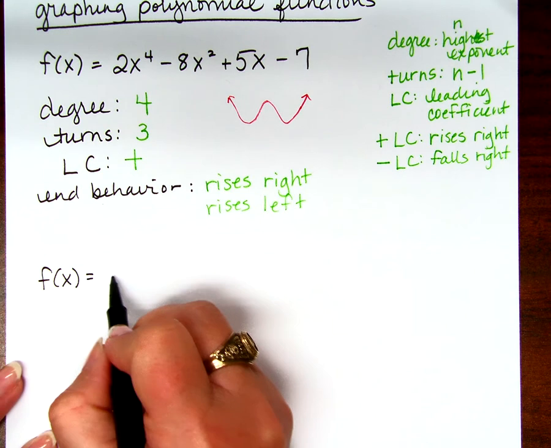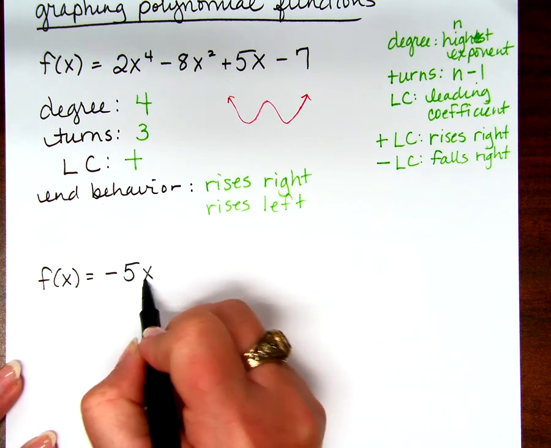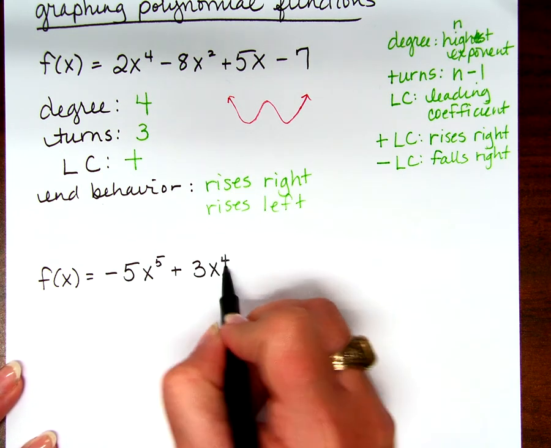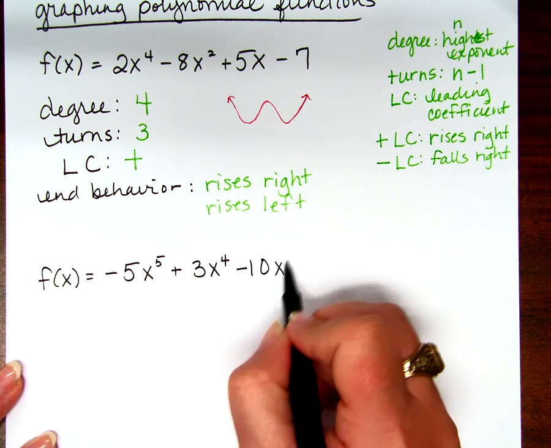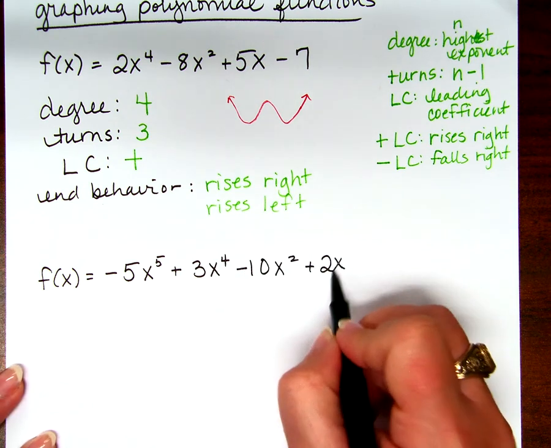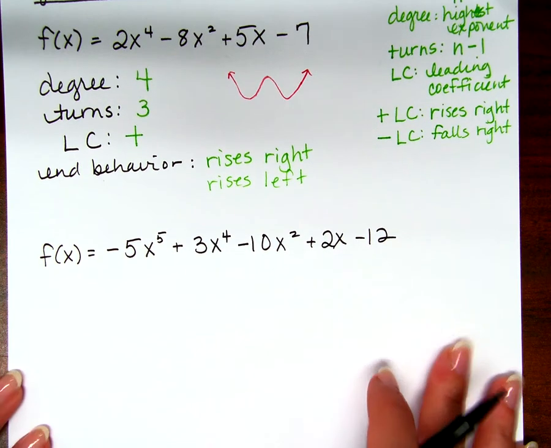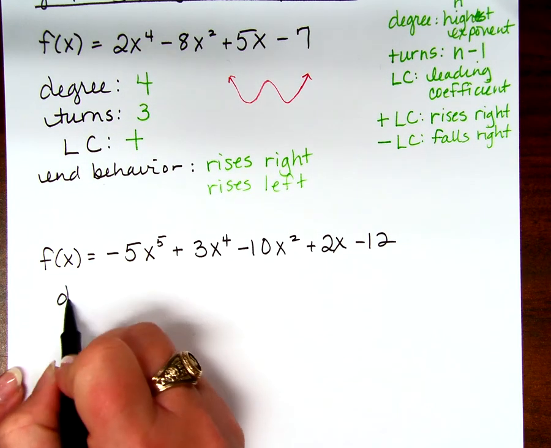F of x equals negative 5x to the 5th plus 3x to the 4th minus 10x squared plus 2x minus 12. So I'm going to go ahead and fill in what I need to write down so I don't forget.